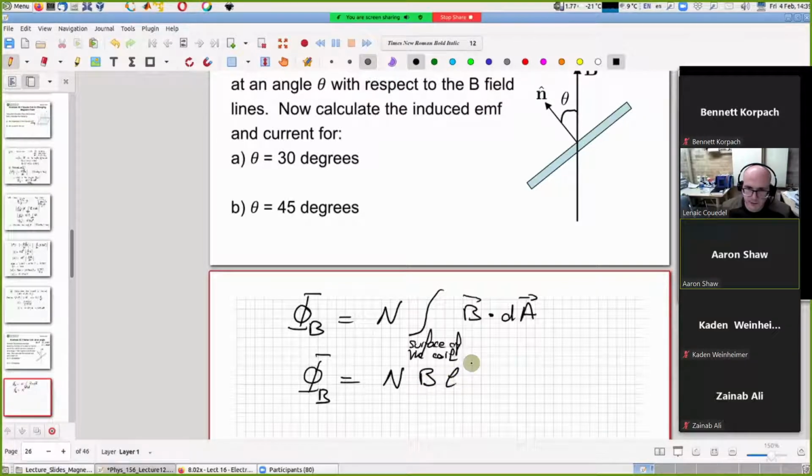Cos theta. Exactly, cos theta. And this cos theta comes from the dot product.